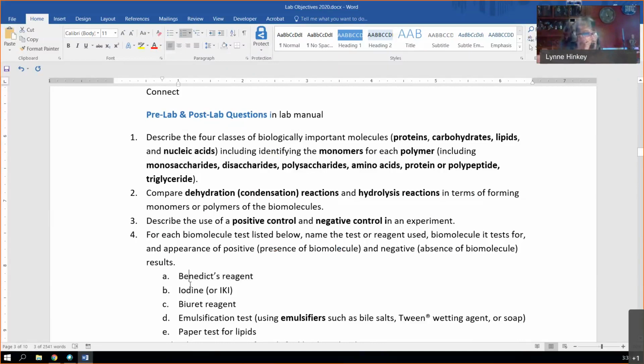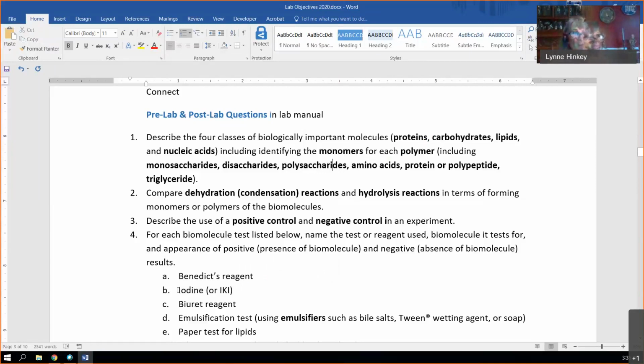So sometimes I can get a slightly positive result, but typically Benedict's is only for testing sugars. And iodine, even though it still tests the carbohydrate, only reacts to starch. So it's not even a test for all polysaccharides. It's a test specifically for one polysaccharide, starch.